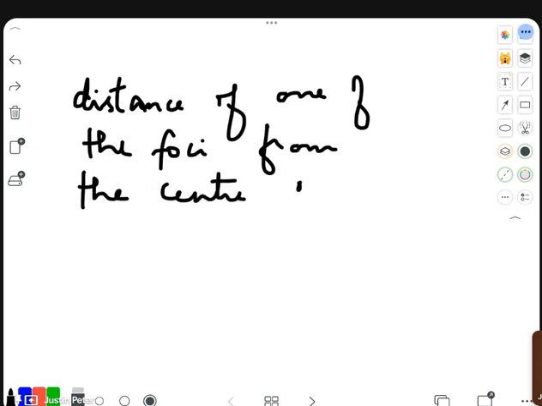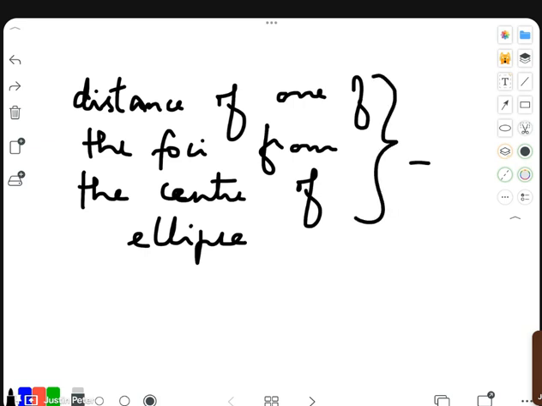C. In terms of eccentricity, it is AE, the product of the semi-major axis and eccentricity. They may ask you different things. The wordings could be different. As long as you know what each one means, you should be fine.